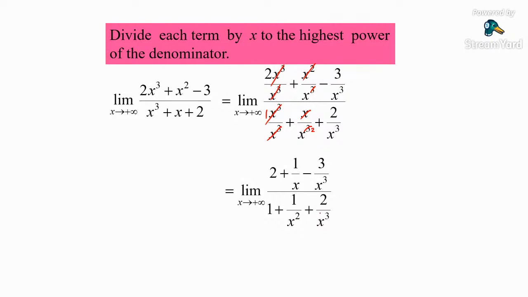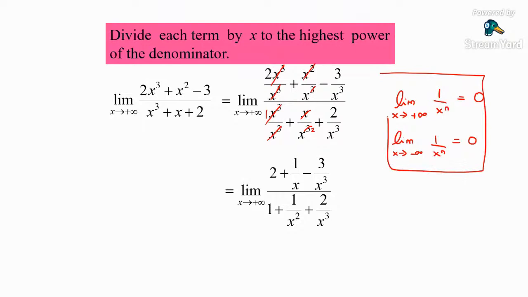So what do you do next? You have to substitute x approaching infinity. Do you remember before this, the limit as x approaches positive infinity of 1 over x to the power of n is equal to 0, and the limit as x approaches negative infinity of 1 over x to the power of n is also equal to 0.